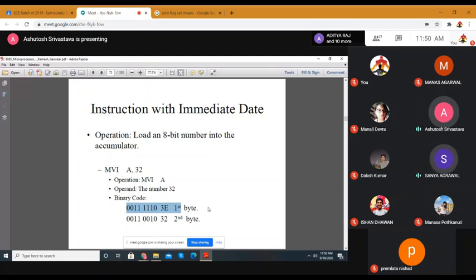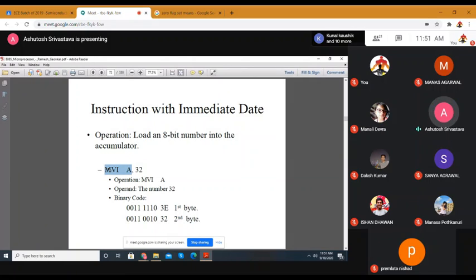Yes, sir. The second part is your number. So this is where your end user comes into the picture. So what is that? That is 32. So this is already reserved: move immediate A. Similarly for all other different types of operation.